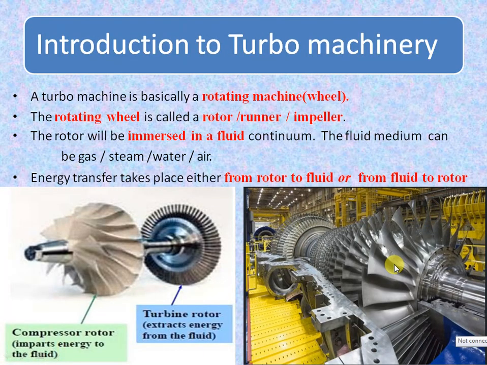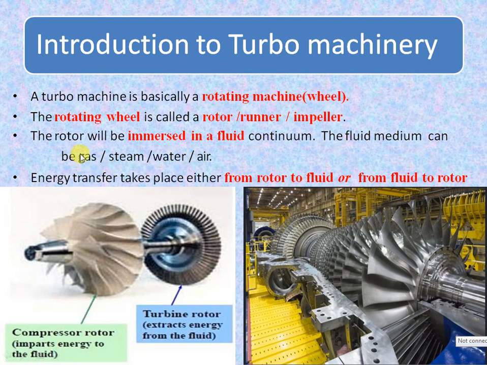The next important topic is introduction to turbo machinery. Friends, a turbo machine is basically a rotating machine. It is nothing but a wheel. A rotating wheel is called a rotor, runner or impeller. The rotor is immersed in a fluid continuum. The flow is continuous. The fluid medium can be gas, steam, water or air.